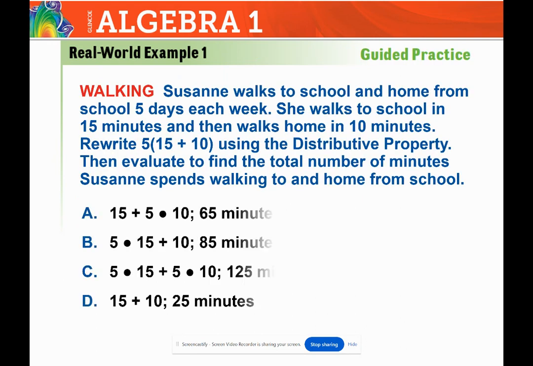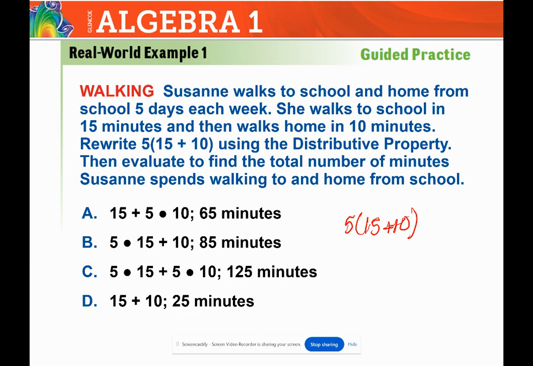So if you would work this one out: Suzanne walks to school and home from school 5 days each week. She walks to school 15 minutes and then walks home in 10 minutes. So you're rewriting this as 5 times 15 plus 10, and you're solving that out.